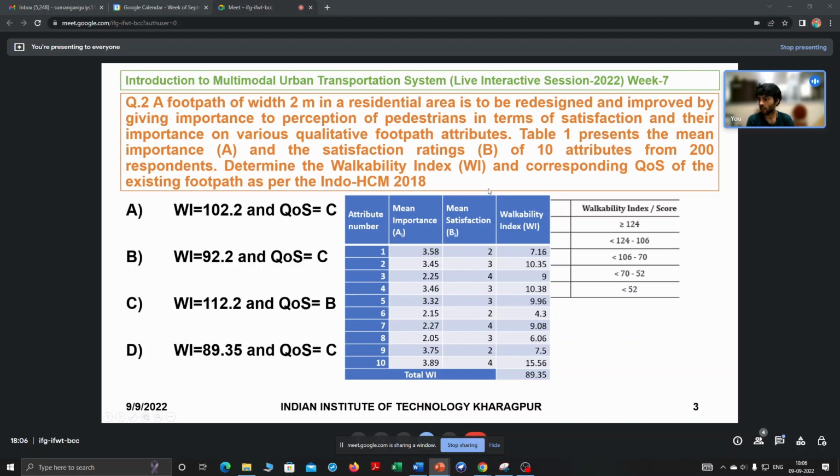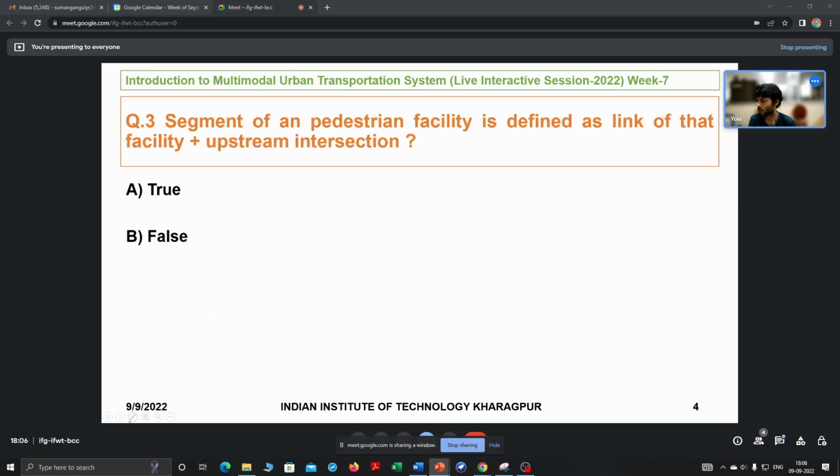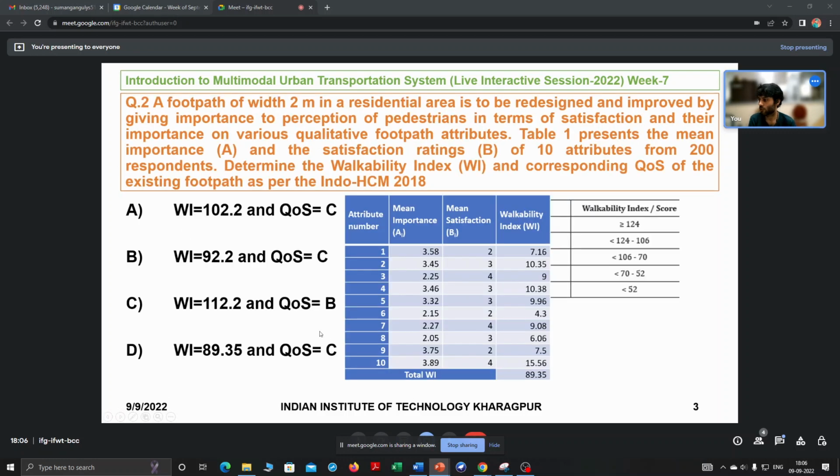So what is the walkability index, right? How to calculate it? First you need to calculate the walkability index, and then the corresponding quality of service.